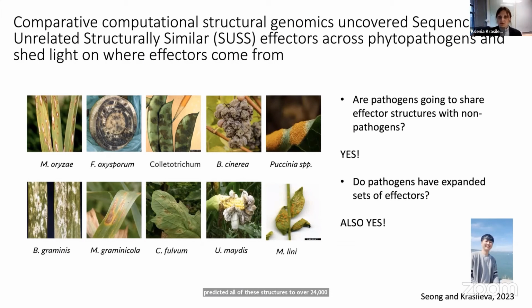And what he was able to show for the first time is that overall, these effectors that often do not have sequence similarity are not coming from nowhere. A lot of them share similarity to secreted proteins in non-pathogens. And in a lot of cases, what we see is very rapid expansion and divergent evolution. So we start to shed light on where those disease-causing molecules, effectors, are coming from.